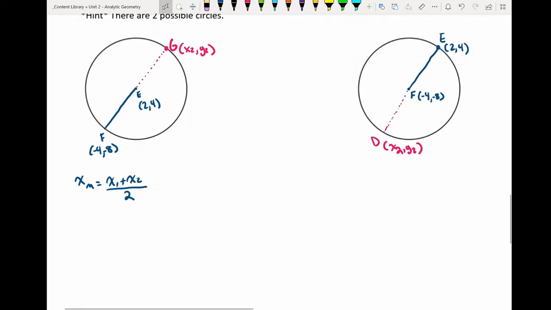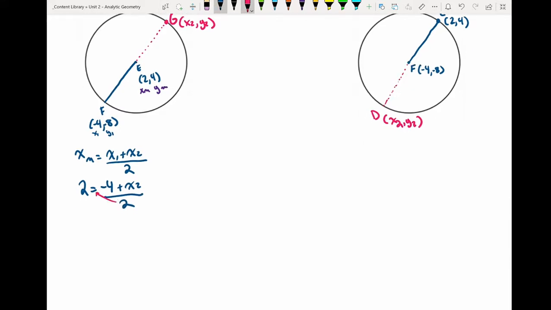I'm going to plug in what I know. Remember, E is the midpoint, so it's xm, ym. This would be x1, y1. So my xm in this case is 2, equal to (-4 plus x2) divided by 2.